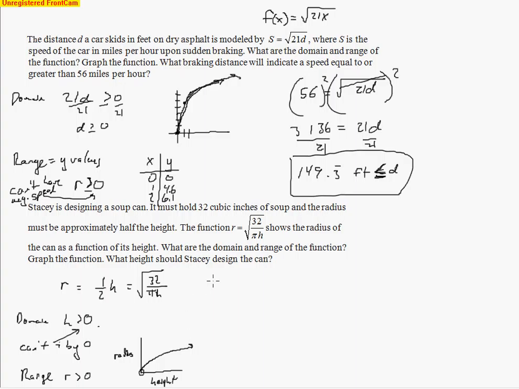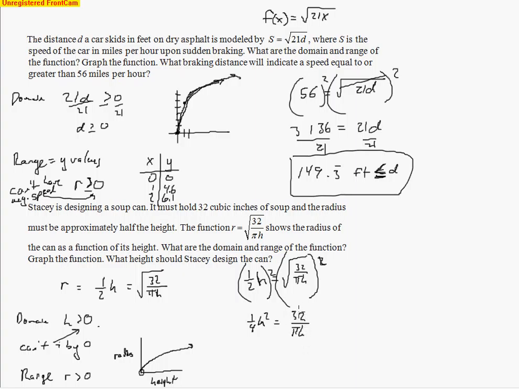And so now we want to find out what the height should end up being, and the radius as well. So I'm going to set 1/2 h equal to that square root. I'll rewrite it here: 1/2 h equal to the square root of 32 over pi h. And when I square both sides, I end up with 1/4 h squared equals 32 over pi h.